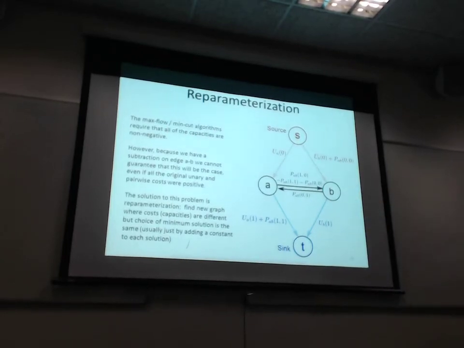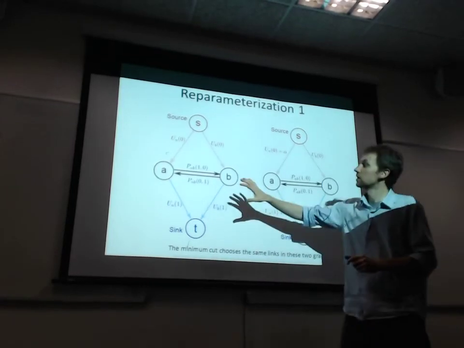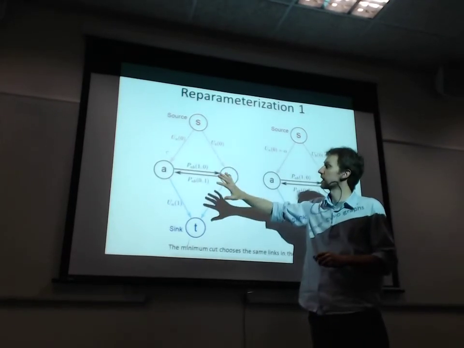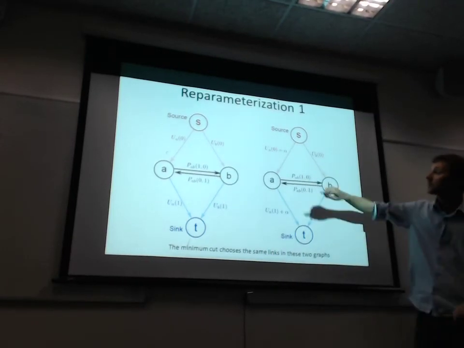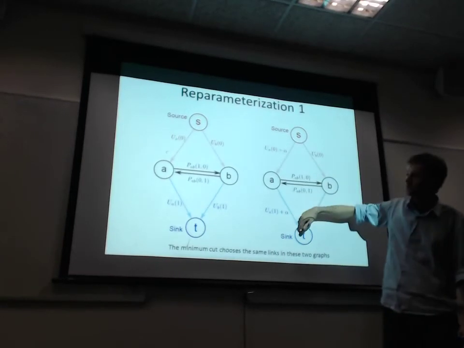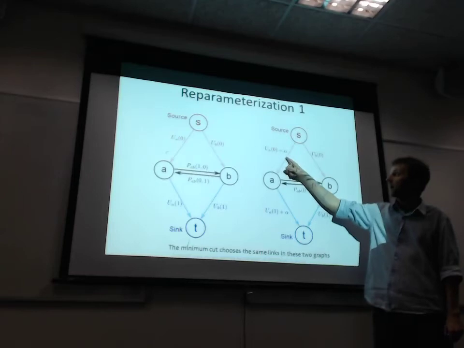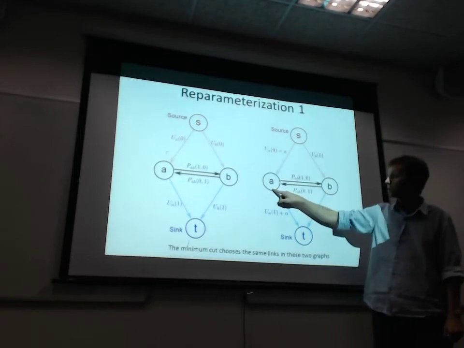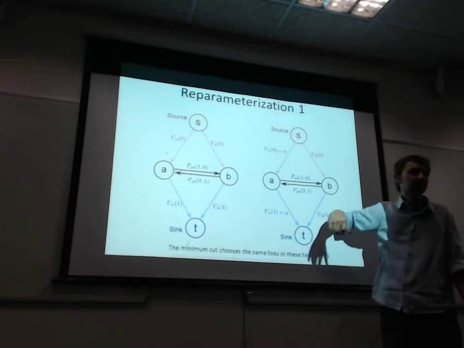All right. To avoid these negative numbers, though, we might reparameterize so that overall a graph that looks like this suddenly looks like this. We add an alpha to this unary term and this unary term. We only had to add it to the A node, but we had to add it both for the source edge and the sink edge.